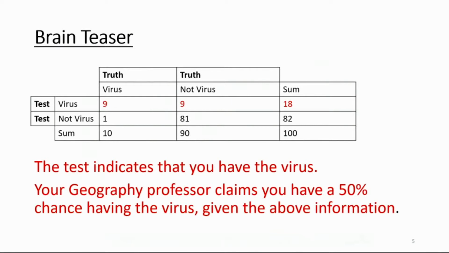But what I get concerned about is you hear on the radio, oh, well, the test is 90% correct. So people think, well, it's believable. It's like, well, you need to think a little bit more deeply about this. Because if you look at that, look at how many people actually have the virus. 10.